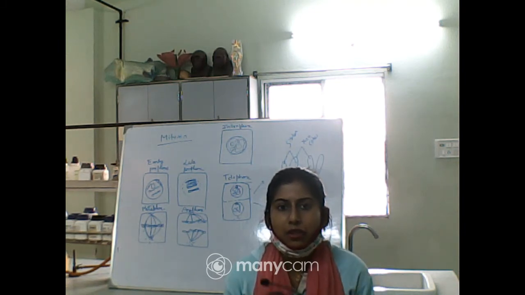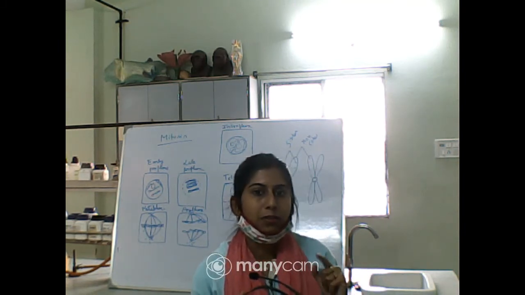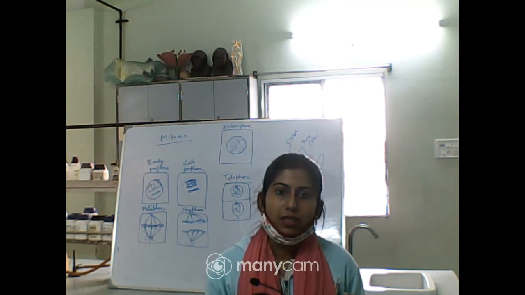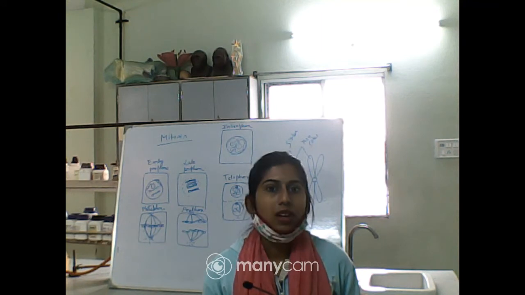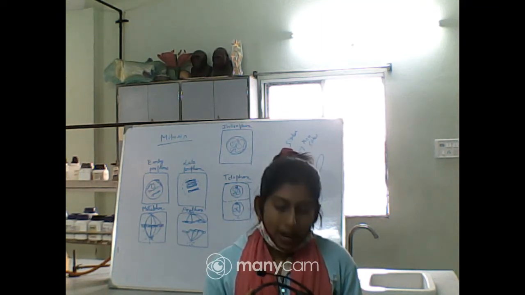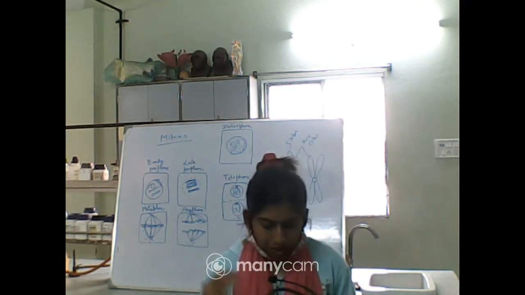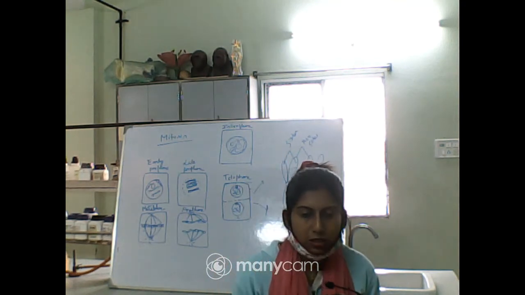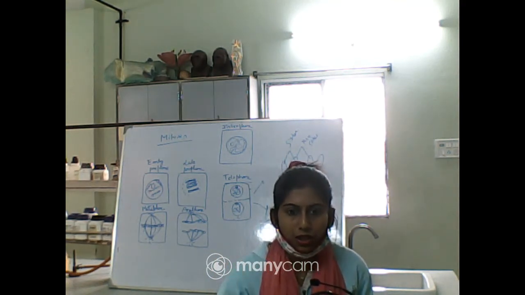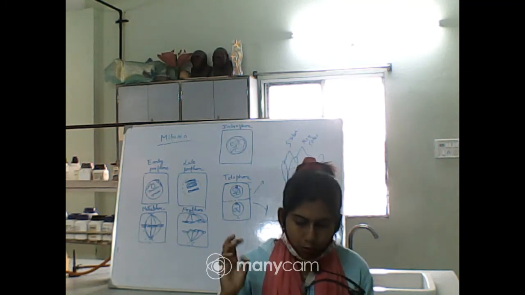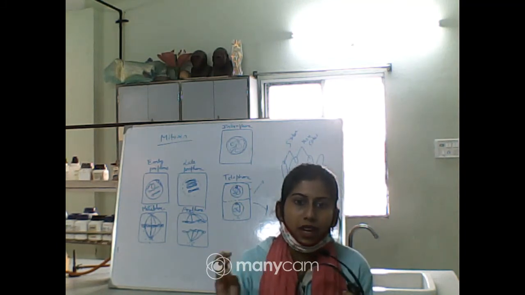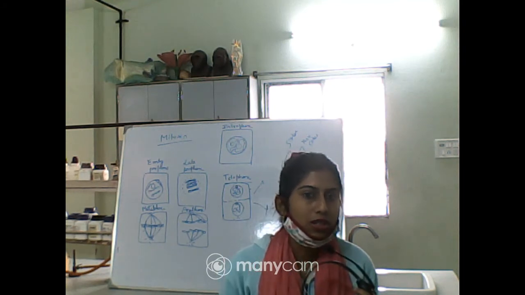First one is karyokinesis. As you know, karyon means nucleus, so karyokinesis means division of the nucleus, and cytokinesis means division of the cytoplasm. In the karyokinesis event of mitotic cell division, there are some phases. What are these? First one is prophase, second one metaphase, third one anaphase, and the fourth one is telophase.